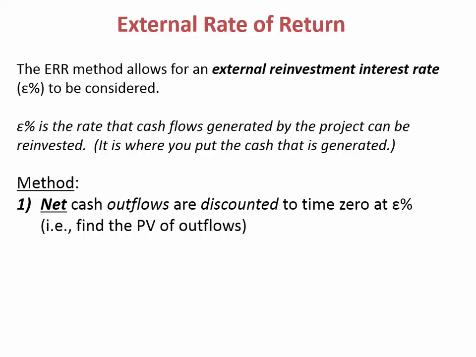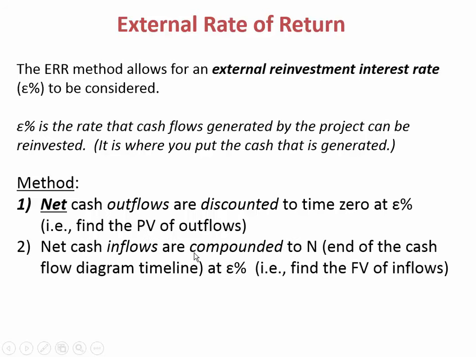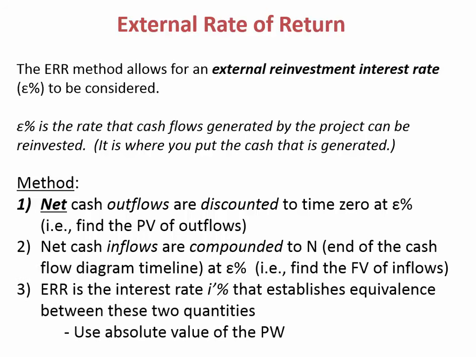What you're supposed to do is take the outflows and discount them to the present at the external reinvestment rate epsilon. So in other words, you find the present value of the outflows, and then you find the future value of the inflows. So all of the revenue that comes to you, you're going to take to the end of the cash flow diagram, and you're using the interest rate epsilon to do it.